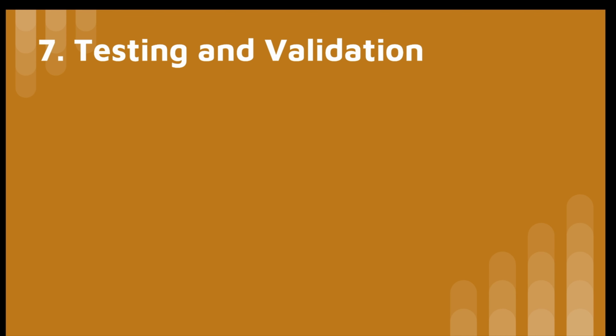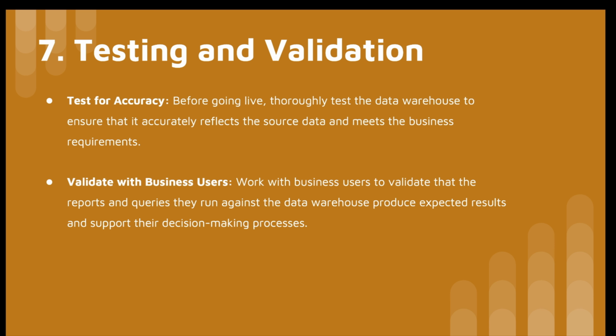Now, testing and validation is something you want to take very seriously. Testing for accuracy is 1, and validating business use cases is 2. The first one is accuracy of your data warehouse. You want to see that the source data is the same thing as your serving layer, where you are serving the customers or the business users.